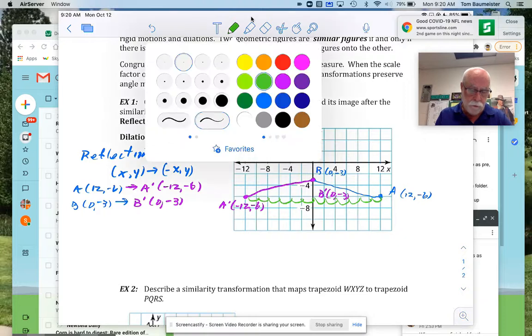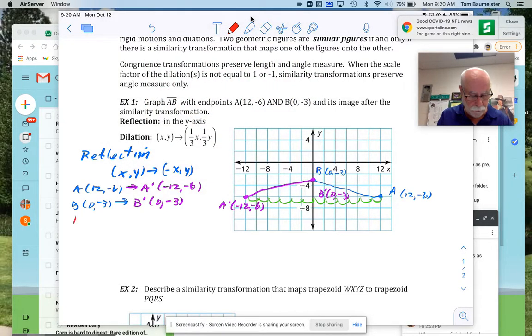All right, now with the dilation, again, they're saying we're going to take our (x, y), which this time, since it's a transformation, we have to use the A prime.